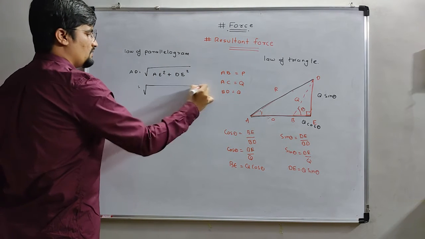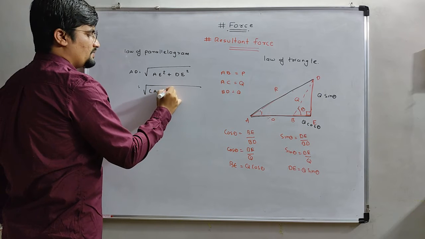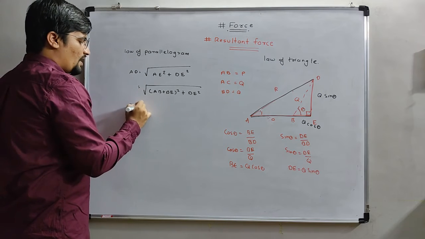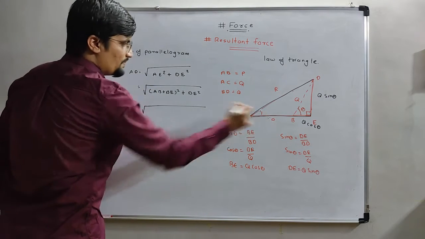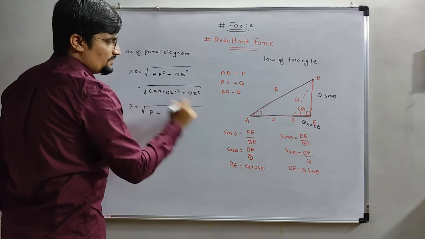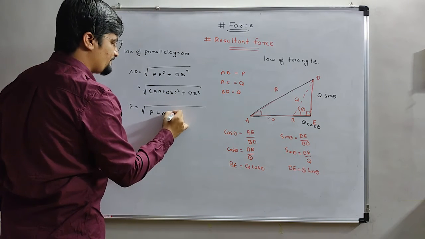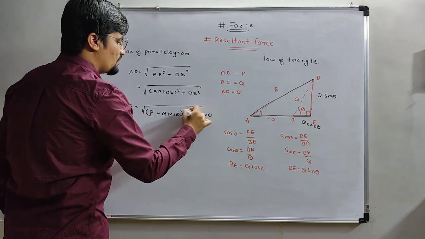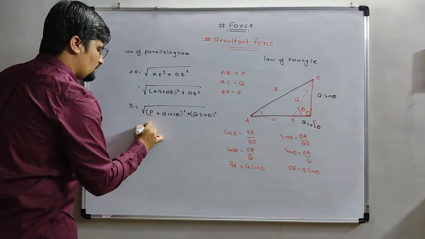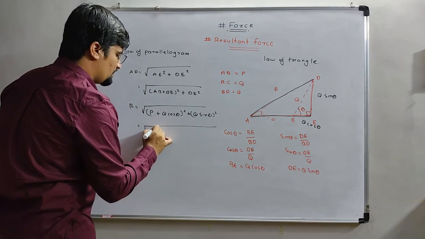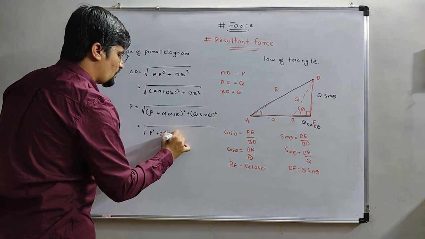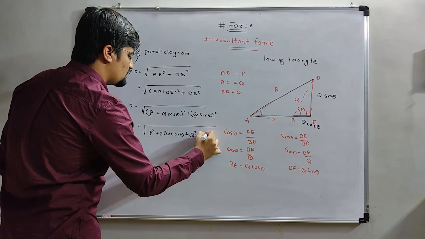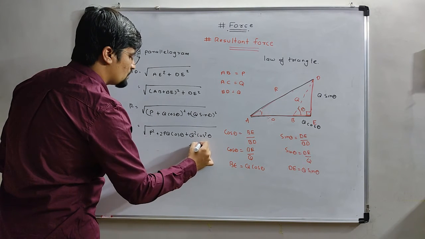AE is equal to AB plus BE, whole square, plus DE square, and AD is equal to R. AB is equal to P, BE is equal to Q cos theta, whole square, plus Q sin theta whole square. So the equation will be P square plus 2PQ cos theta plus Q square cos square theta plus Q square sin square theta.